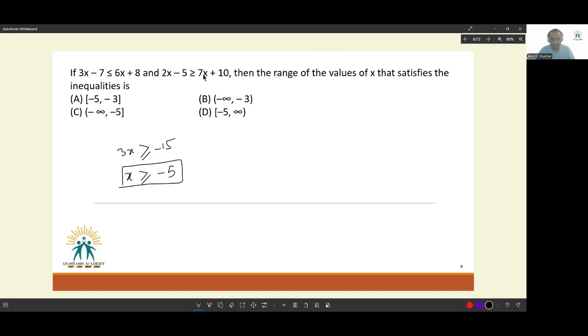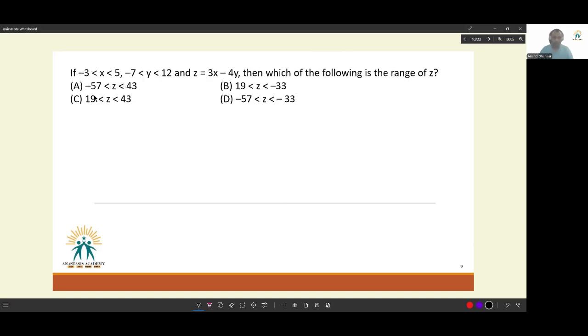From here we will get 5x is less than or equal to minus 15, or x is less than or equal to minus 3. So we found our two limits for x. It starts off at minus 5, ends at minus 3. The acceptable range, the option A.